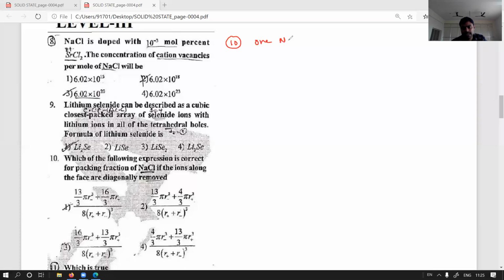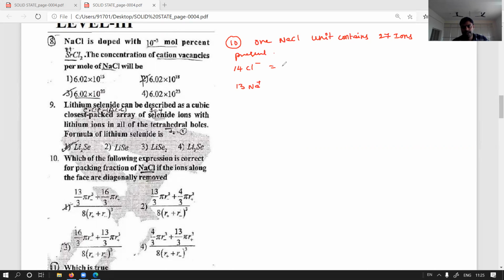One NaCl unit cell contains 27 ions, in which 14 chloride ions are present and 13 Na plus ions are present.